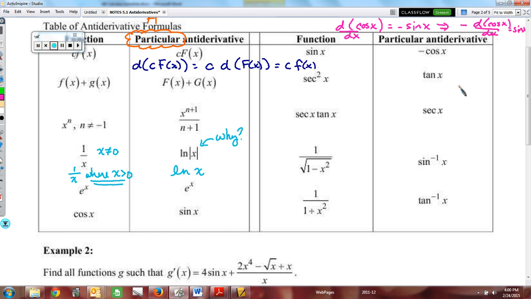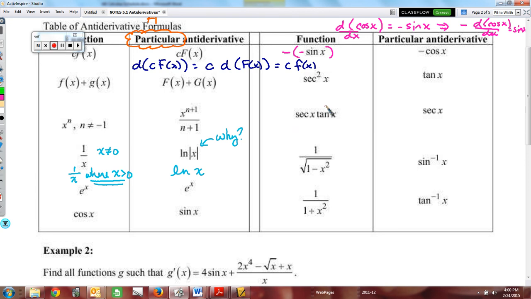So we still have to take into account that there was a negative when I took the derivative, but it's missing. So this must actually be the negative of the negative sine of x. And the antiderivative of negative sine of x is cosine of x, and then we have an extra negative in front of that. This is where you get a little confused, because you've got to really make it clear whether I'm taking a derivative or whether I'm taking an antiderivative.